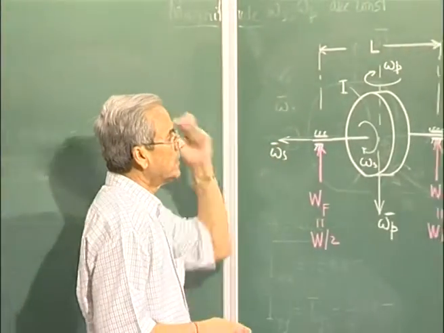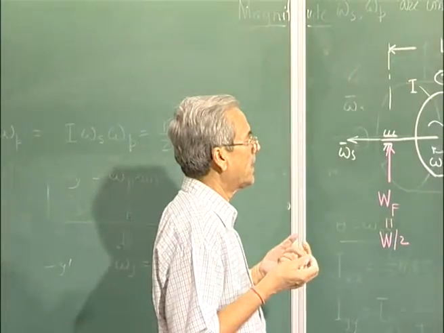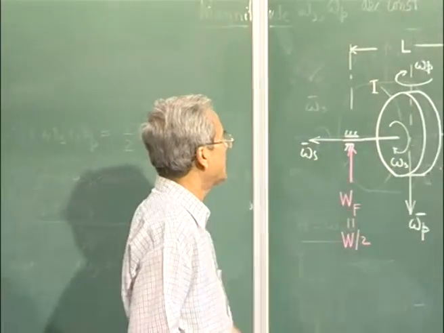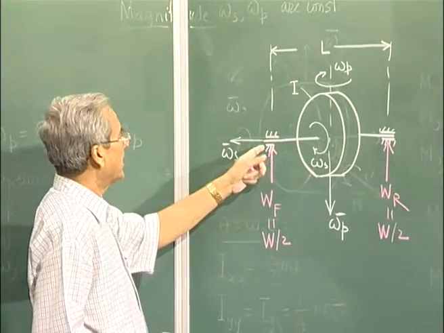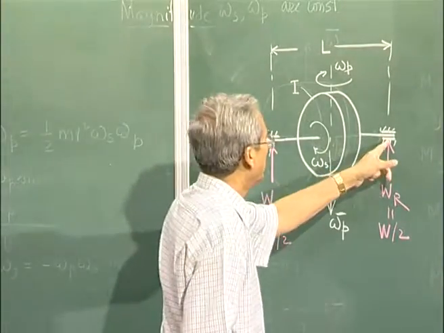Now, how can a body be subjected to an outside moment? In this particular case, the only place where it can get some external force or moment is from the bearings.